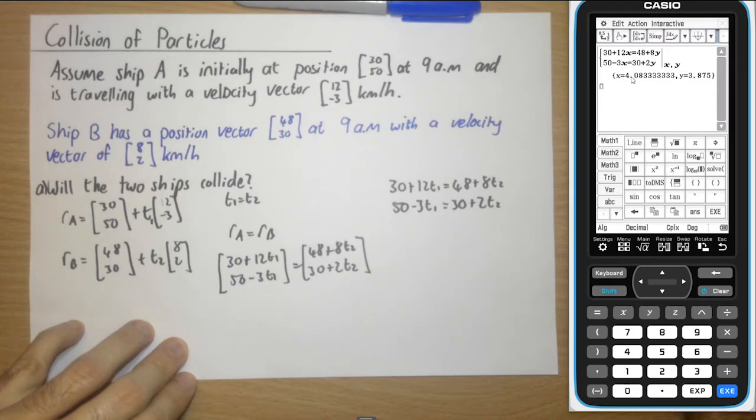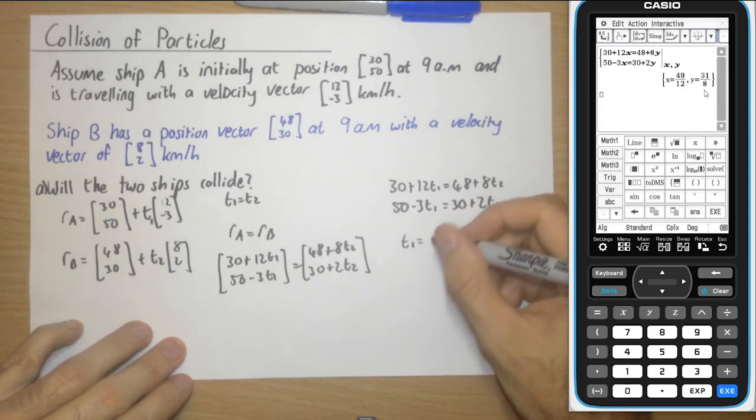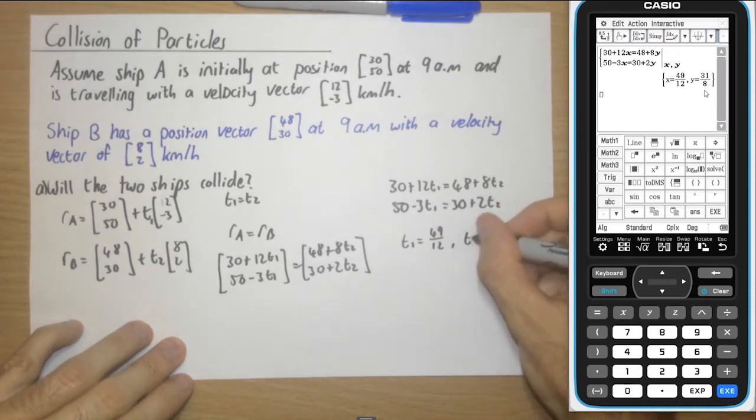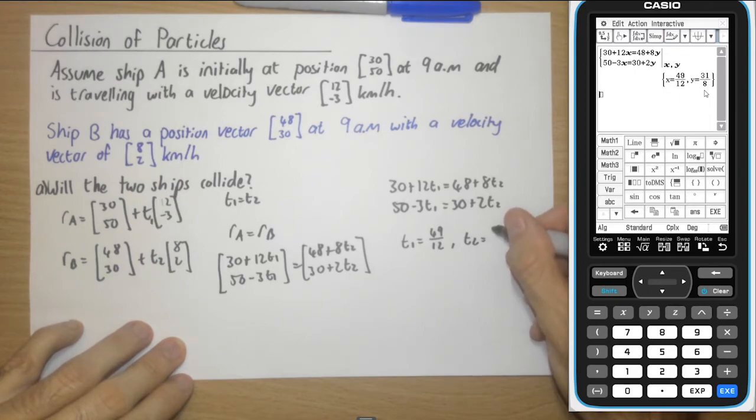And again, we can see that in standard form, it's 49 over 12 and 31 over 8, so we end up with t1 equaling 49 over 12, and t2 is going to be 31 over 8.